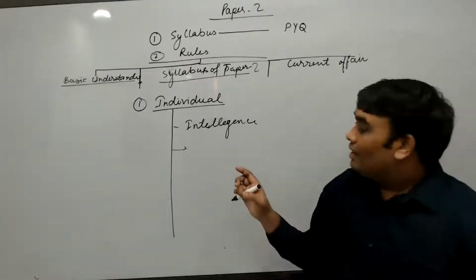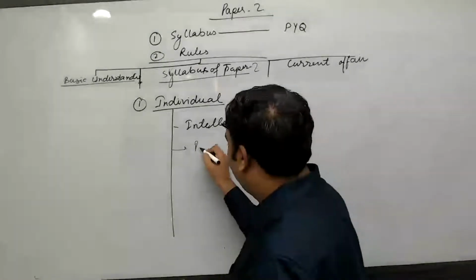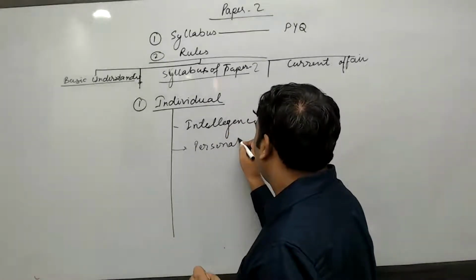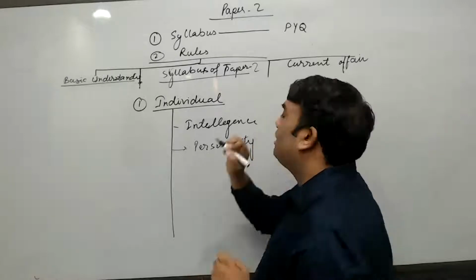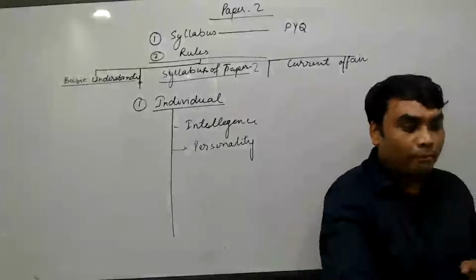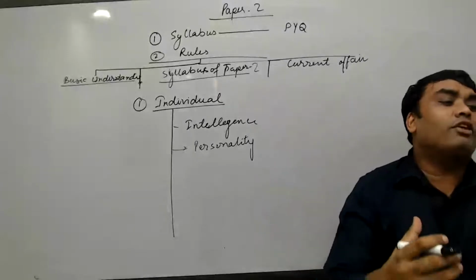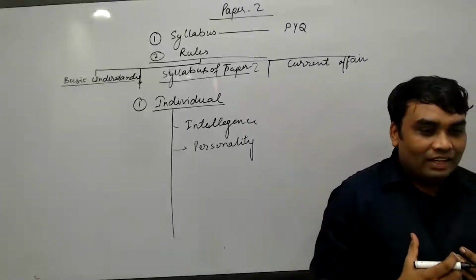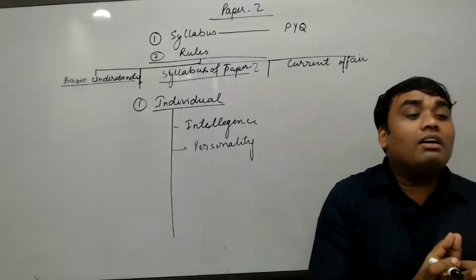Getting my points? The second factor is personality. At the level of personality, we are different. Your personality is different from my personality, and my personality is different from Swati's personality. So each and everyone has a different personality.